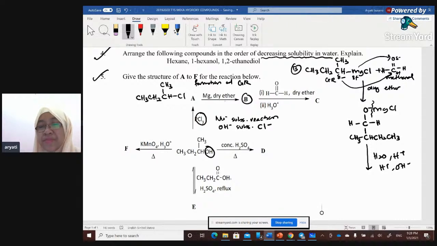So dia jadi H C H ataupun kalau saya pindah kat sini H C H atas ni OH ini combine dengan H jadi OH. Okay, ini combine dengan CH, CH attach dengan CH3, attach dengan CH2, attach dengan CH3. So this is the structure for C.